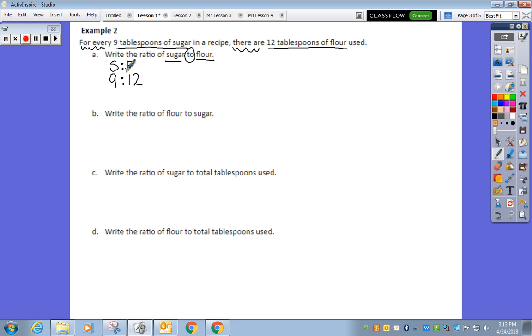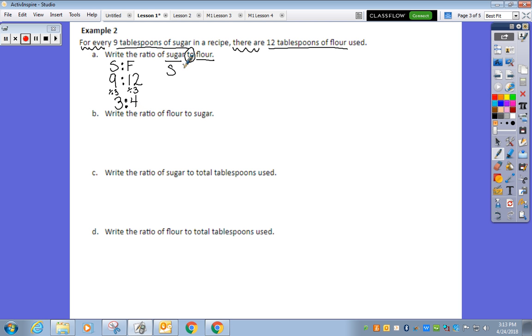If I look at 9 and 12, they can both be divided by 3. So what I'm going to do is show underneath that I am dividing each of these by 3, and then I'm going to actually do that math. 9 divided by 3 is 3. 12 divided by 3 is 4. So the ratio of sugar to flour is 3 to 4.